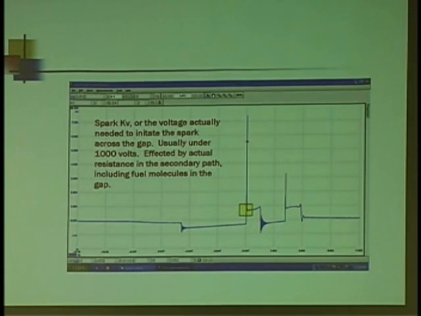The spark kV is a measure of the resistance, and not just in the wire. What else affects the resistance? About how much fuel. Again, if it's got too much fuel, it's not going to take as much to light off and keep burning as if it were lean.